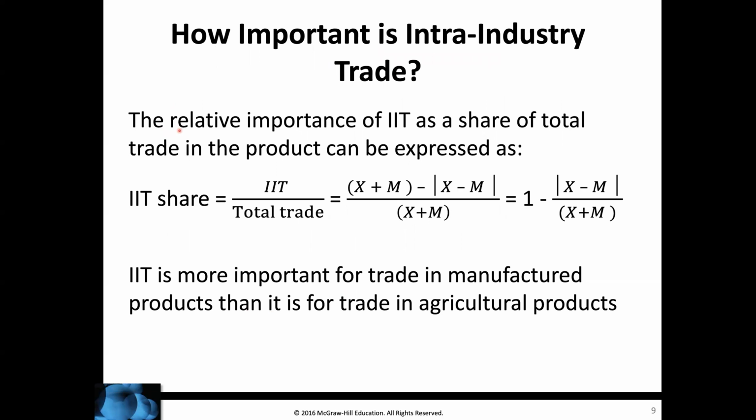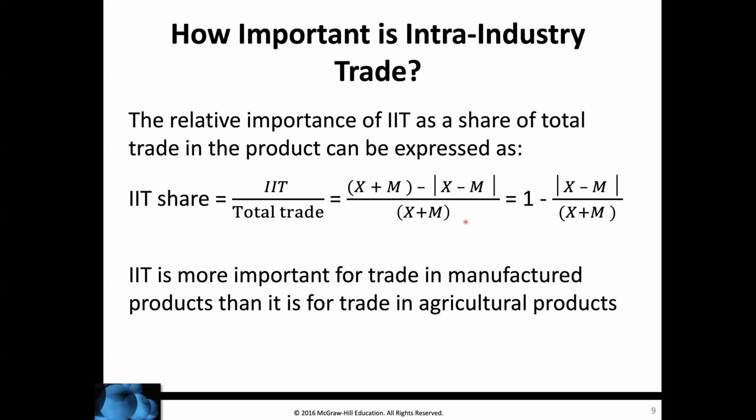The relative importance of IIT as a share of total trade, so how much of our trade is intra-industry trade, can be expressed in this formula. Our IIT share, intra-industry trade as a share of our total trade, is IIT over total trade.